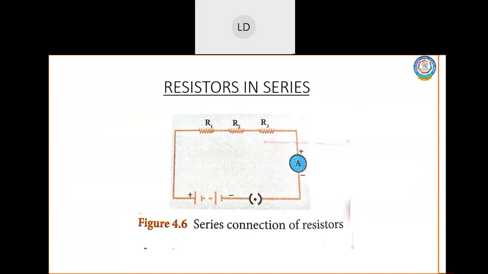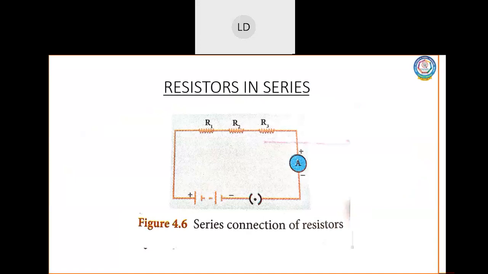Today we are going to talk about the same circuit which involves more resistors. Till our last class we were restricting ourselves to only one resistor, but today we are going to discuss more resistors and how these resistors are combined.